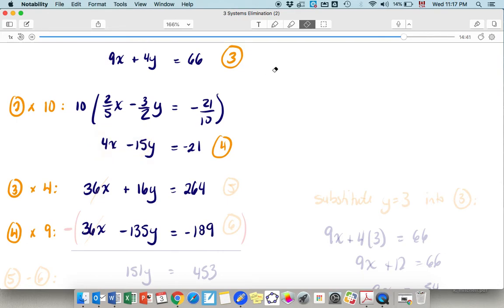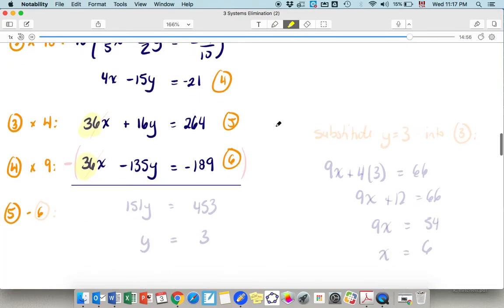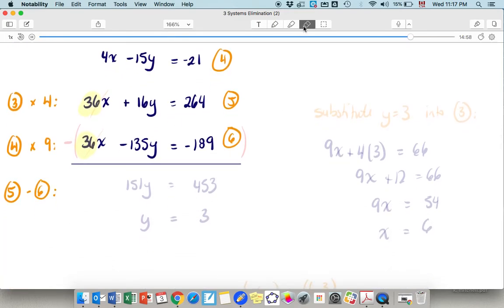And here is my fifth equation, sixth equation, and I'm comparing these two. My coefficients for x are the same sign. That means I need to subtract equation 5 and equation 6. So 36x minus 36x, goodbye, I'm done with those. 16 minus, and again, if it helps, put that negative sign in front so that you don't forget that you're multiplying that equation by itself.